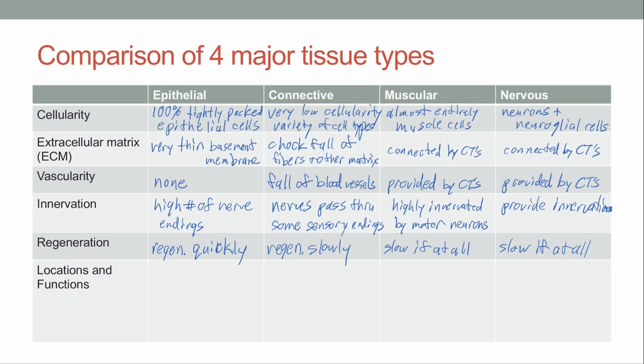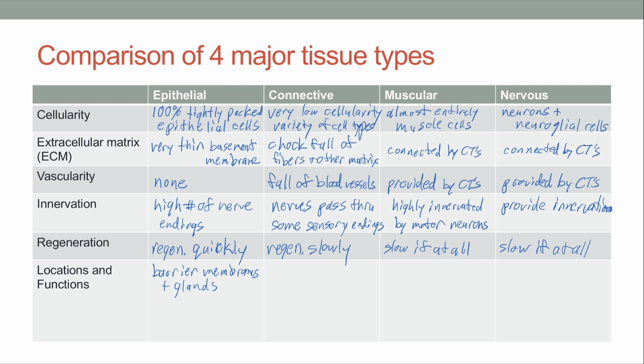Oh, I forgot the locations and functions. Sorry. Where do we find each of these tissues? Epithelial tissues are found in barrier membranes and glands.